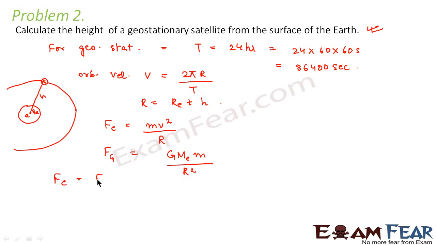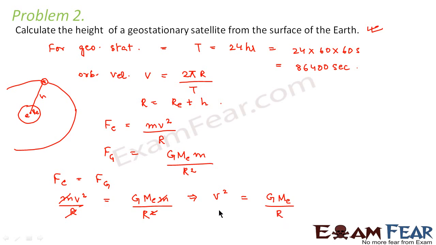That is, Fc should be equal to Fg. Therefore, we say mv square by r is equal to G me into m divided by r square. Now, m and m will get cancelled, r and r square will get cancelled. So, from here we get v square is equal to G me divided by r.